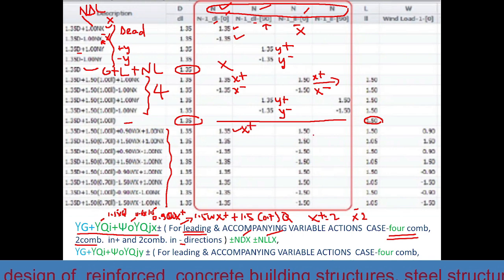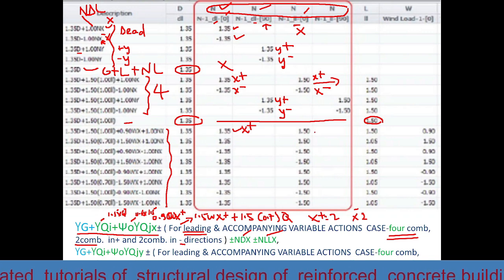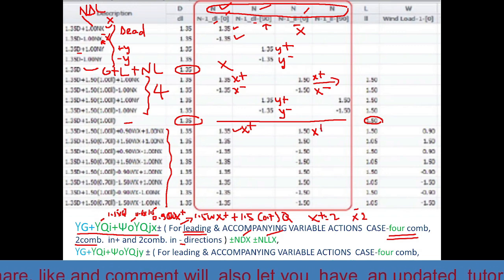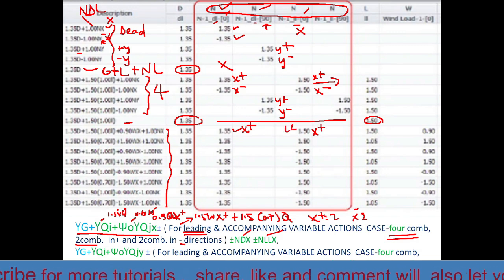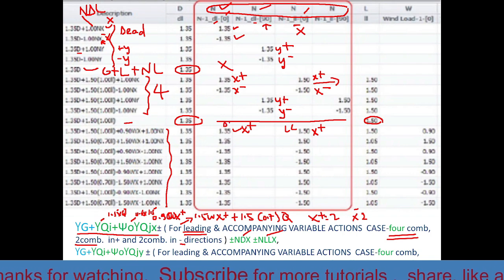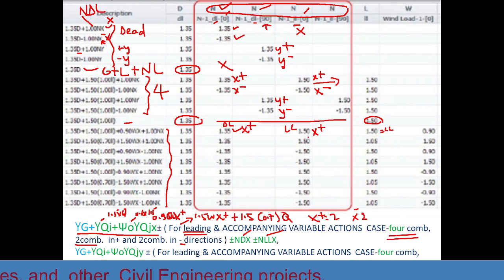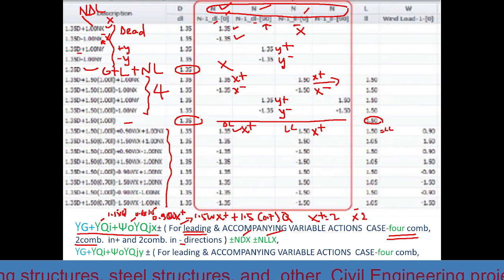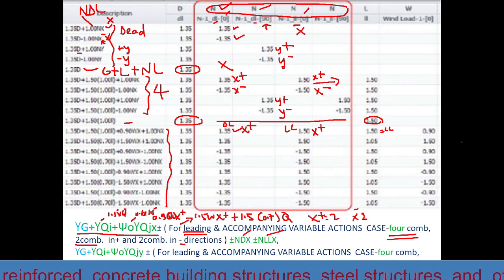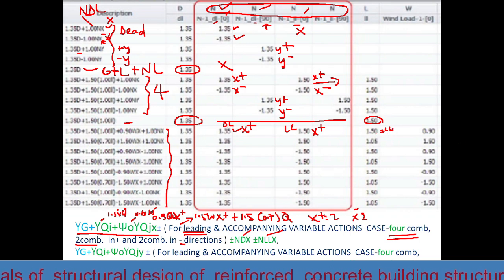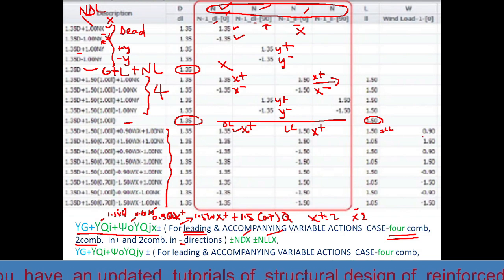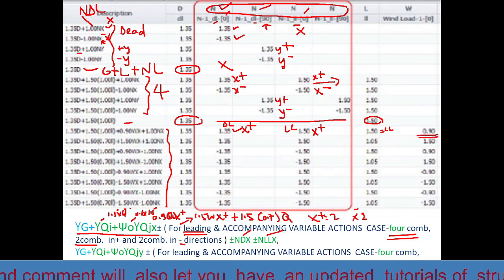And here we'll also have 1.5 in x positive direction, but this is for live load and this is for dead load. This is the normal live load and this is for the notional load. That is, the live load for notional load and this is the dead load for notional load. And this is the independent live load. And here we also have the wind, that is 0.9.